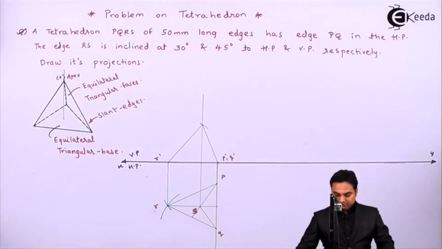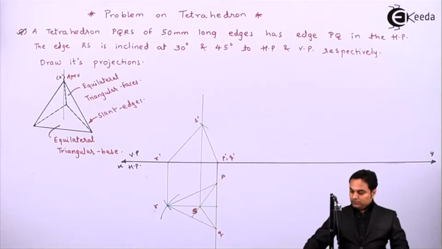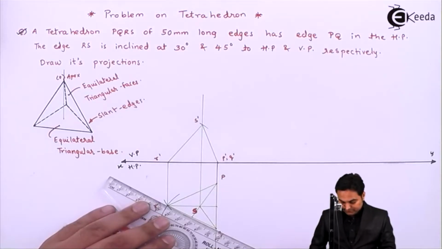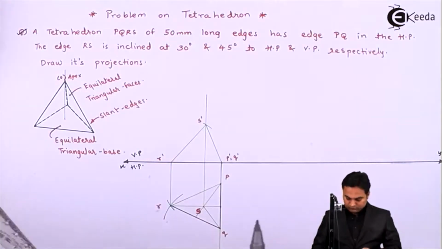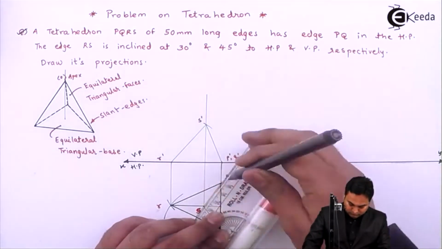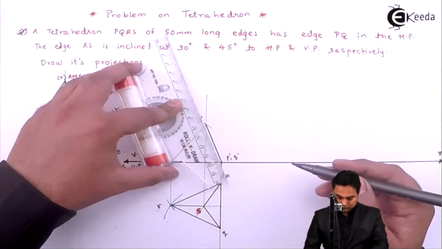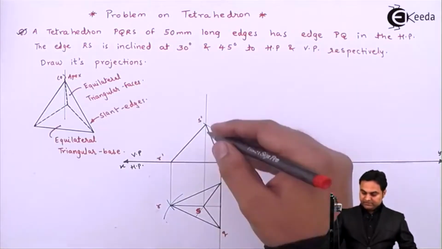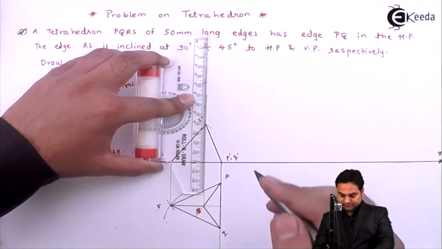Next, after making this tetrahedron light, I'll now make it dark, that is drawing the top view and front view dark. So here is this apex S and in the front view it is S dash. So that forms an axis of the tetrahedron.